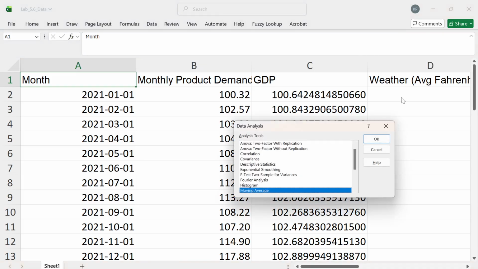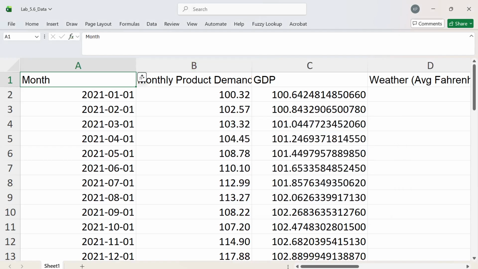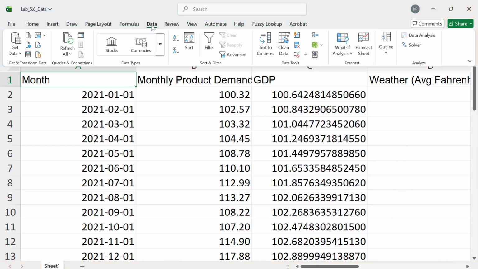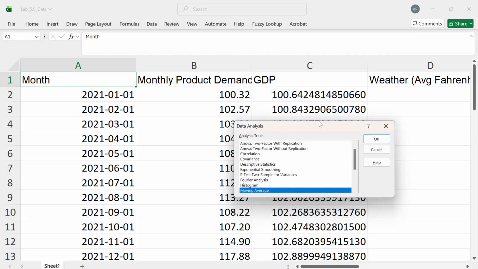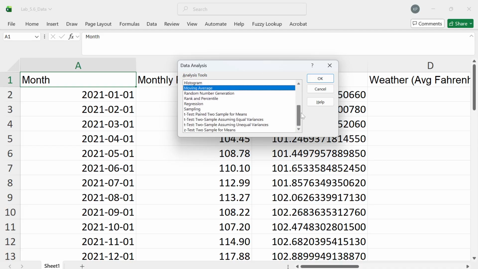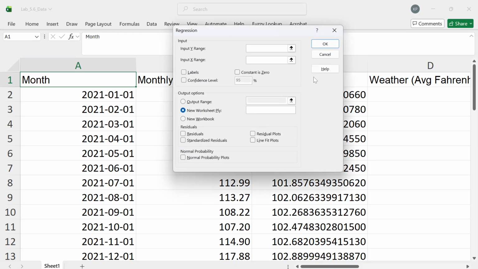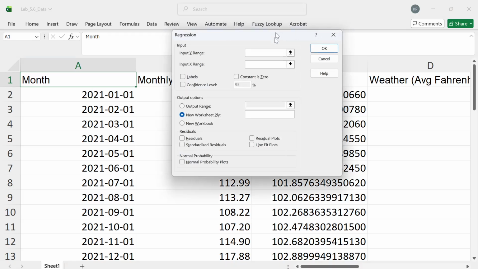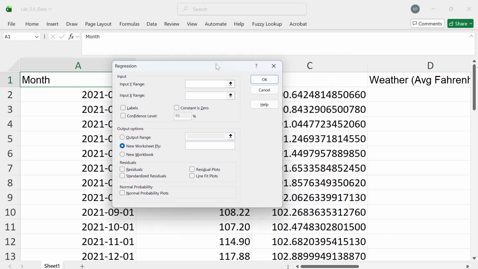Is it clear? In this page, scroll down and find Regression, and then OK. So now your computer is ready for calculating regression.